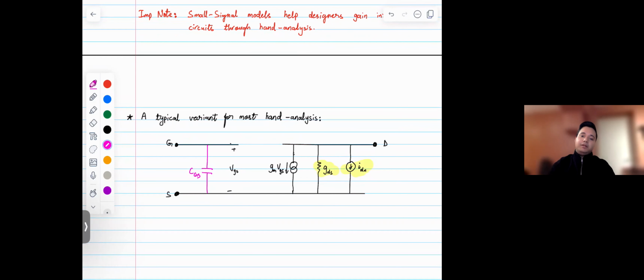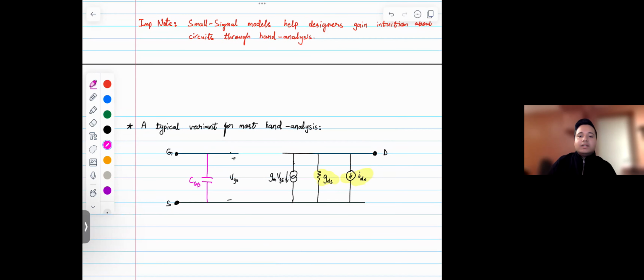Or maybe they'll tell you not to assume that lambda is 0, and then you would include the gds, but you don't have to include everything else, right? So the problems in university courses are very well constrained, and you would be told what you need to consider and what you can ignore.